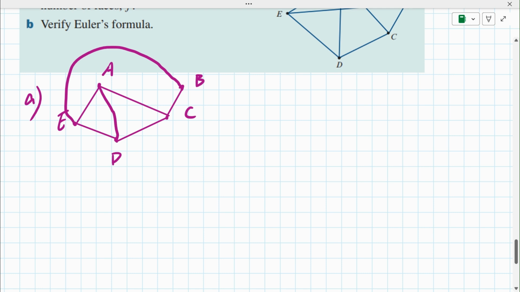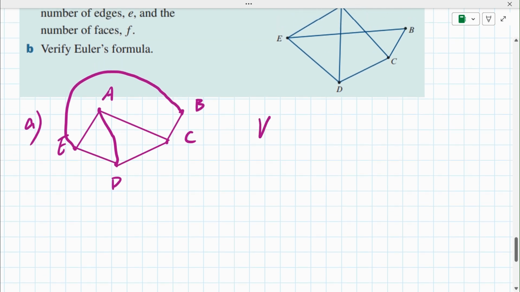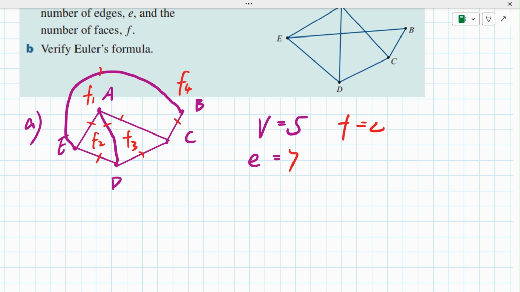We find the vertices: 5 vertices. Edges: let's count, 1, 2, 3, 4, 5, 6, and 7. And faces: face 1, face 2, face 3, and face 4, so we have 4 faces.